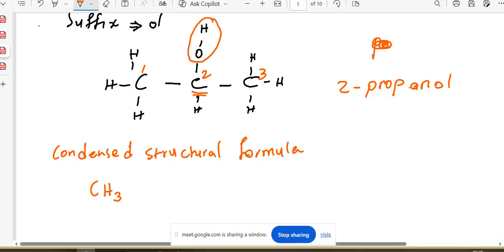Then you go to carbon number 2. If you check on carbon number 2, we have C. Can you see that carbon number 2 is the one that contains our functional group, the OH?